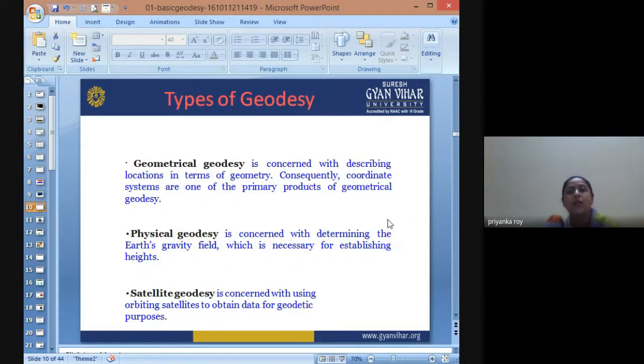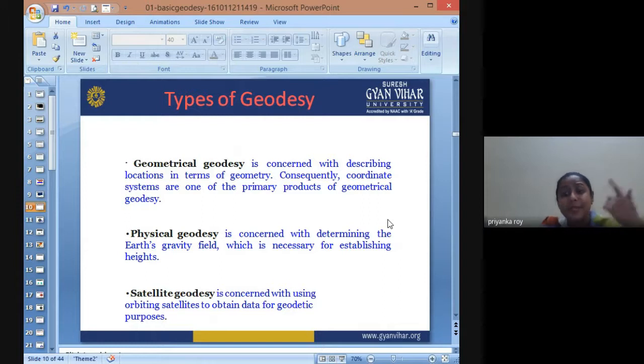All right. So let's try to understand the various types of geodesy. One is geometrical geodesy, the other is physical geodesy, and the third is satellite geodesy. Geometrical geodesy is concerned with describing locations in terms of geometry. Consequently, coordinate systems are one of the primary products of geometrical geodesy.